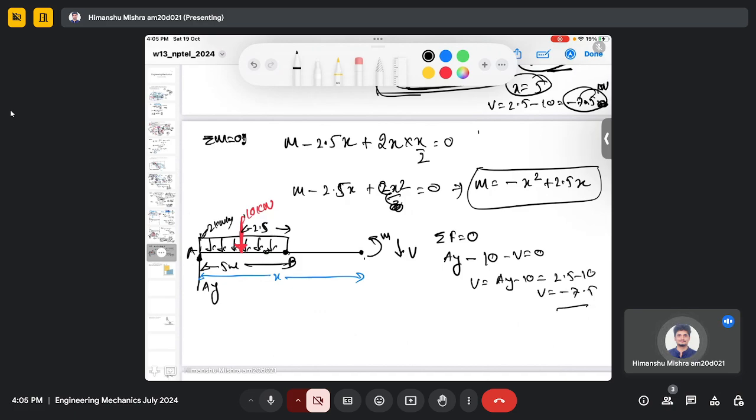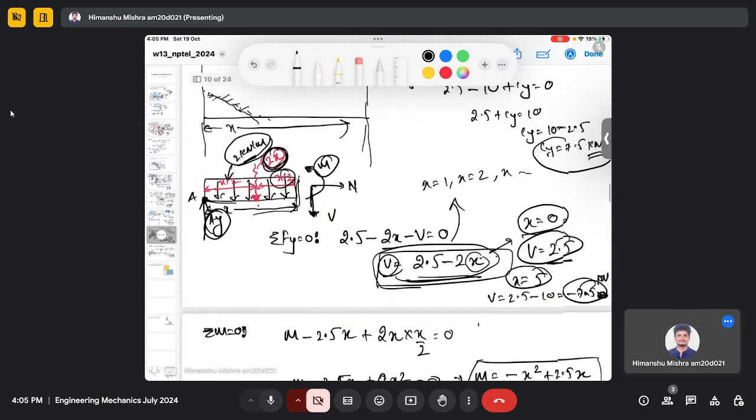So you got V equals minus 7.5, and you can see it is not given in terms of x. It is a constant value, which means that outside this uniform distributed loading, everywhere your shear force is minus 7.5, because it's not changing with x. It's independent of x.